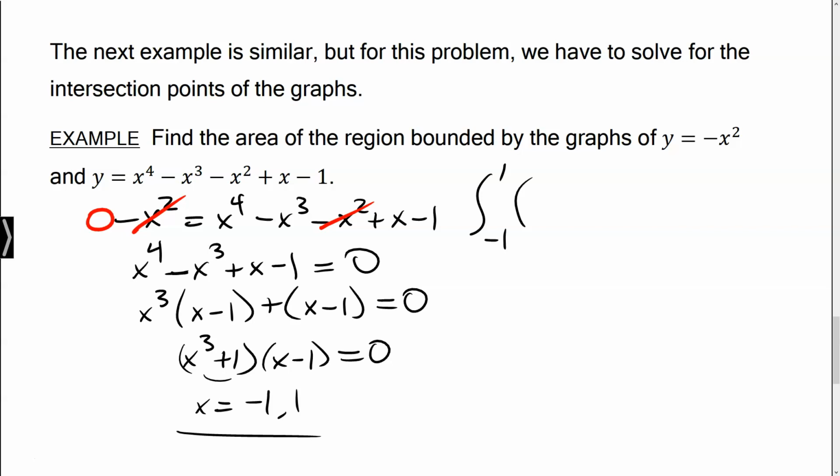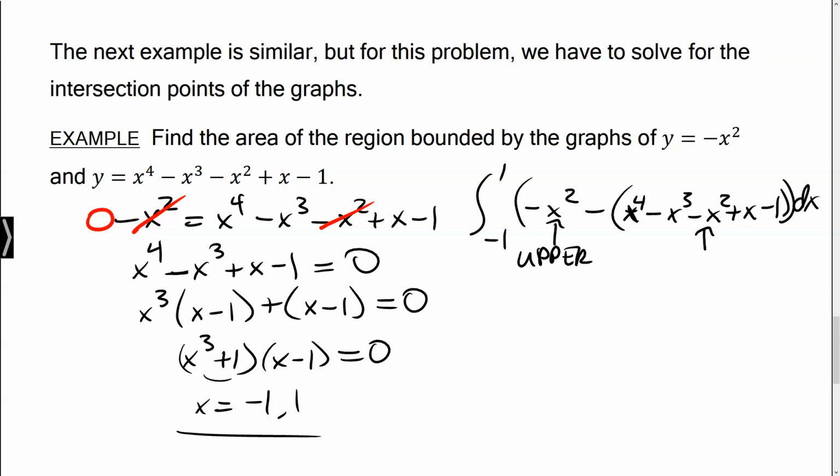So the bigger one here was actually the minus x squared, right? That was the top function. So it's going to be minus x squared minus the quantity x to the fourth minus x cubed minus x squared plus x minus 1. Okay, so here's the upper function, the lower function. Upper minus lower.